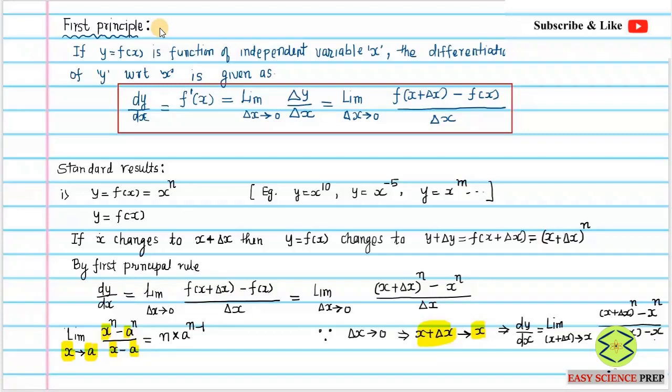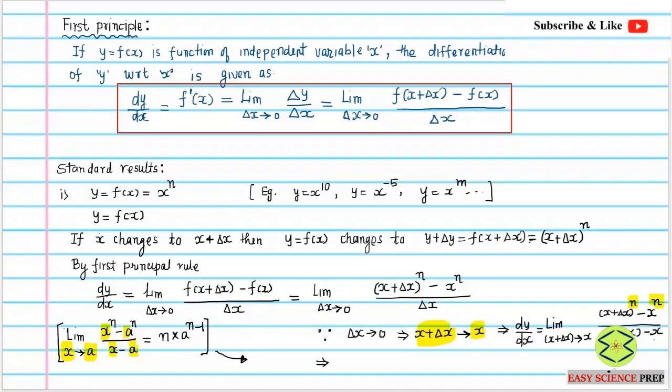Here this x and this x can be cancelled out. Seeing this format, using this limits rule, we can easily apply it here and you will end up getting a very simple rule. Here n is the same, you can see. So it will come out as dy by dx equals n times, what is a here?